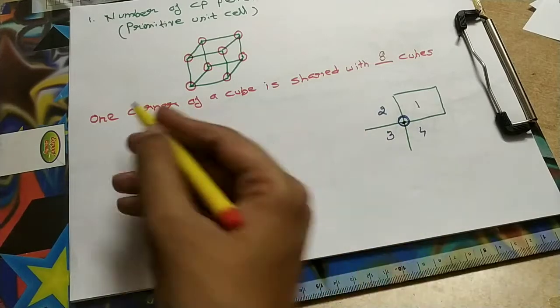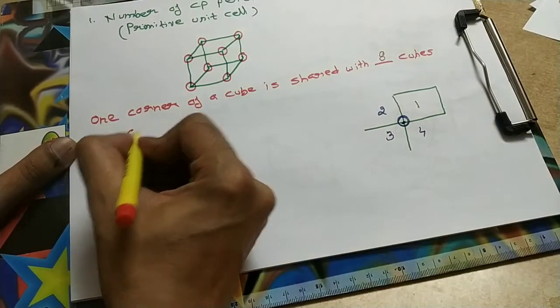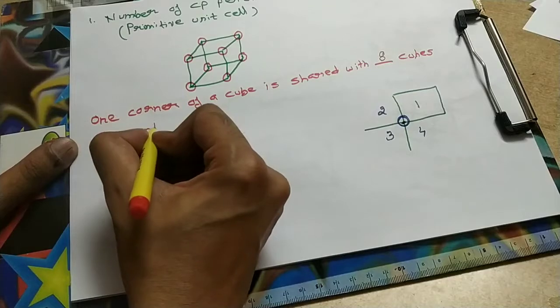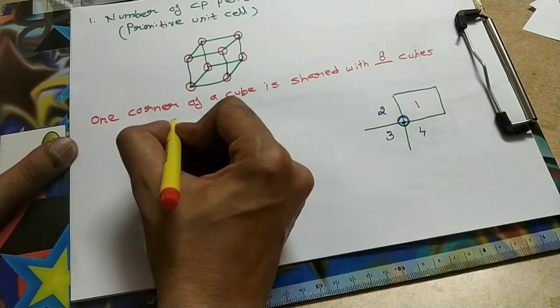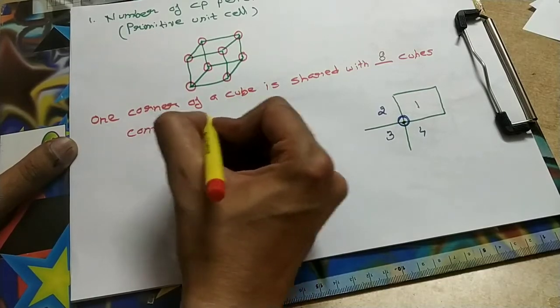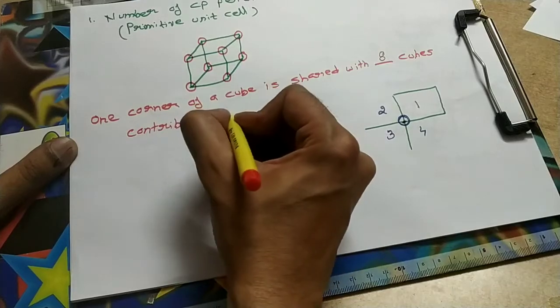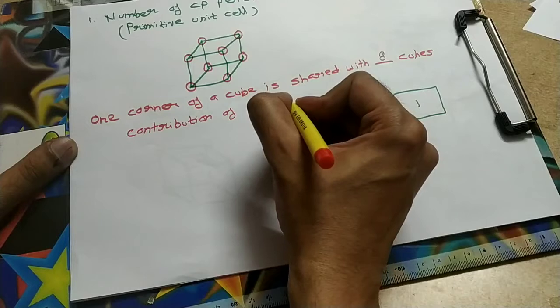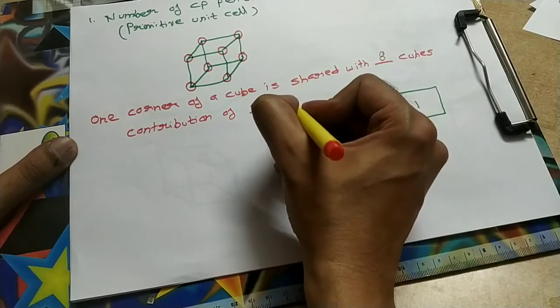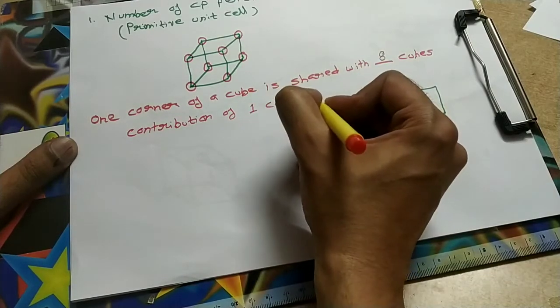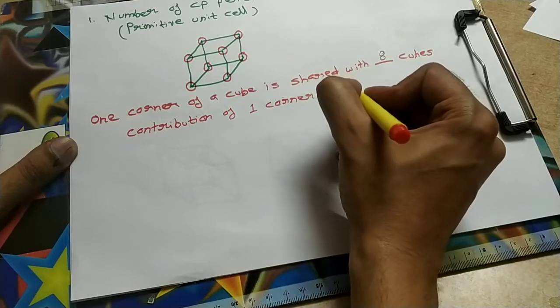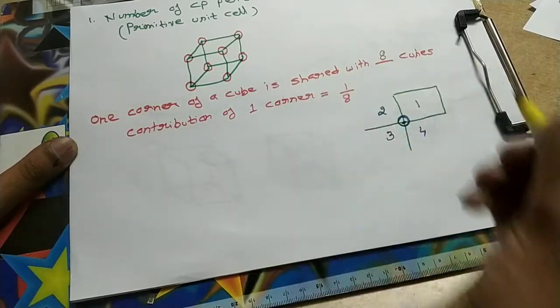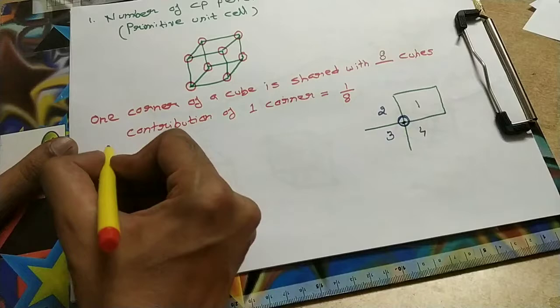Okay, therefore the contribution of one cube, one corner, is 1 by 8 because it is being shared with 8 cubes.